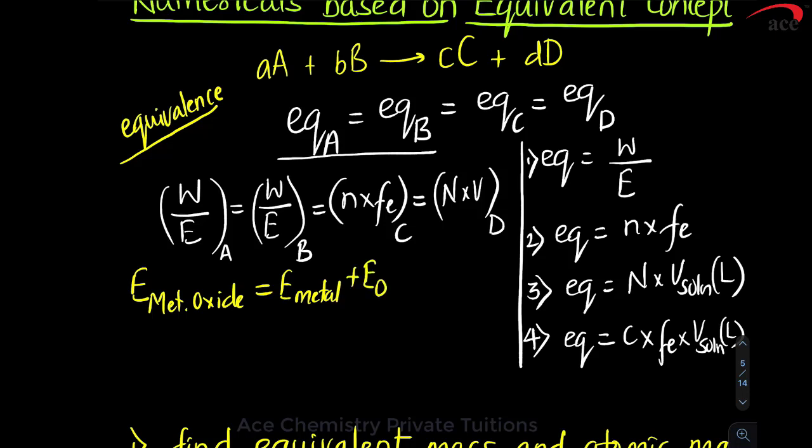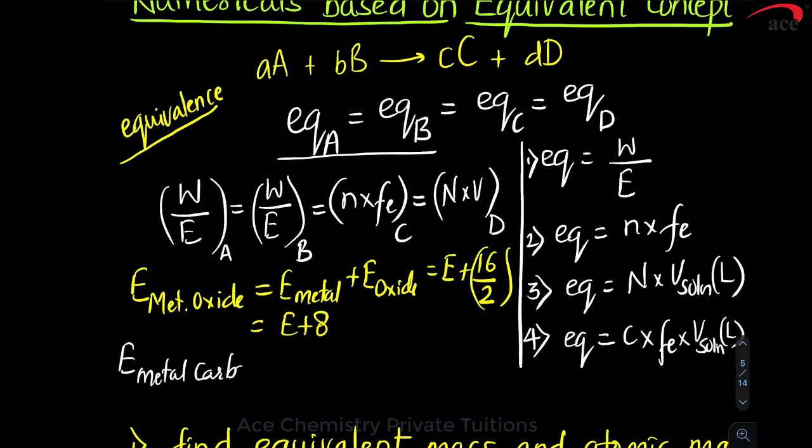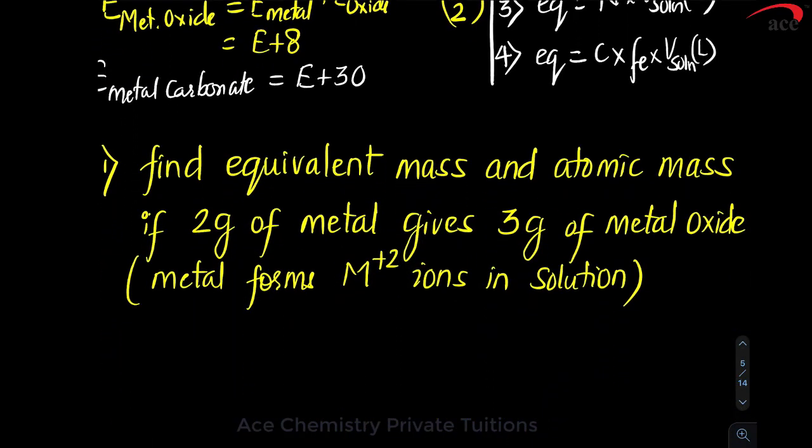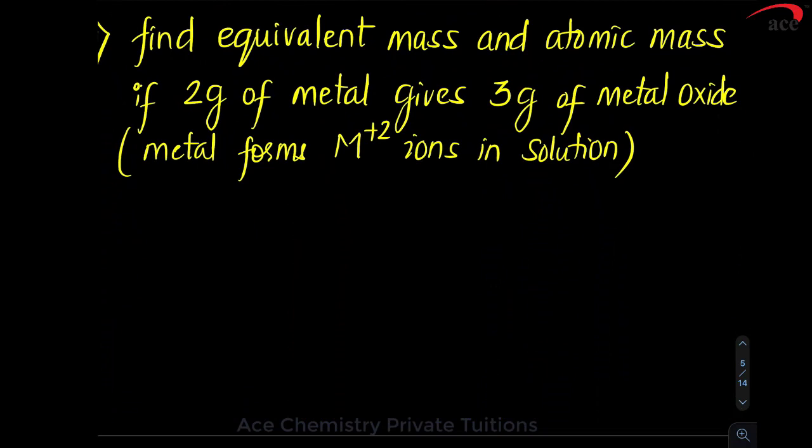If you remember, equivalent mass of metal oxide is equivalent mass of metal plus equivalent mass of oxide. If the equivalent mass of metal is E, oxide is 16 by charge 2, so it is E plus 8. Similarly, if you remember from the lecture session, for metal carbonate, it will be E plus 30, and you can similarly calculate. We will see each in each numerical.